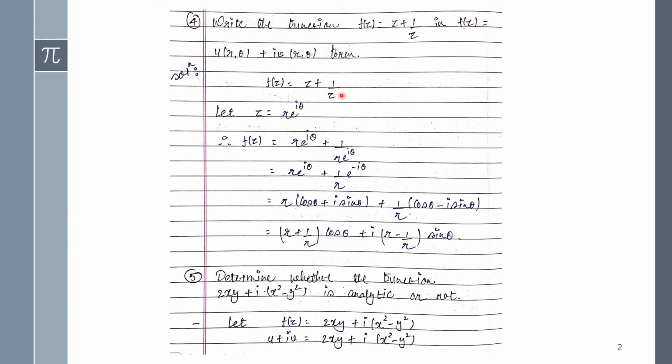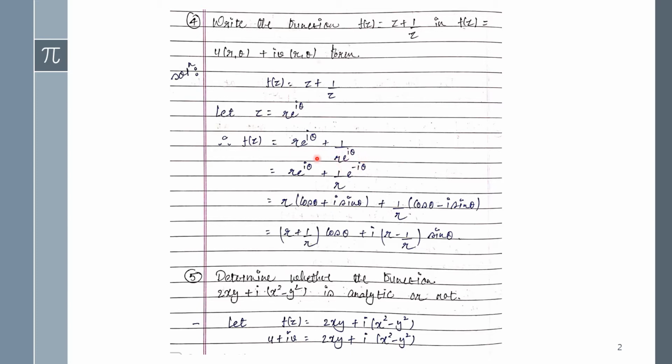To convert to polar form, you know very well guys that in place of z you will apply r into e raised to i theta, right? So applying z equals r e raised to i theta, f of z will be r e raised to i theta plus 1 upon r e raised to i theta.